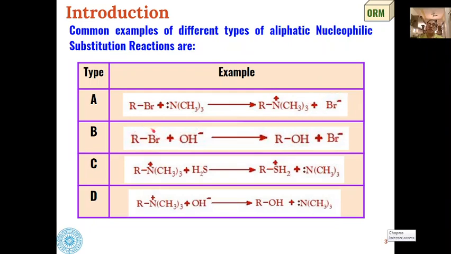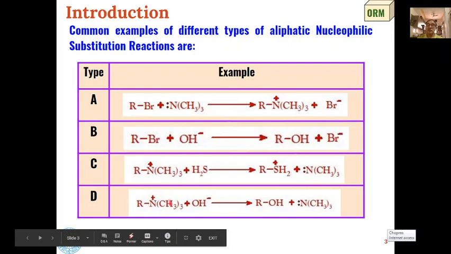Then in the second category, a neutral substrate and an anionic nucleophile will react to undergo nucleophilic substitution reactions, and we will get alcohols, and bromide ion will be formed as the product. Then a cationic substrate and a neutral nucleophile will give us these types of products. Whereas a cationic substrate and an anionic nucleophile will give us the neutral products, that is, alcohols and tertiary amines will be formed as the product.